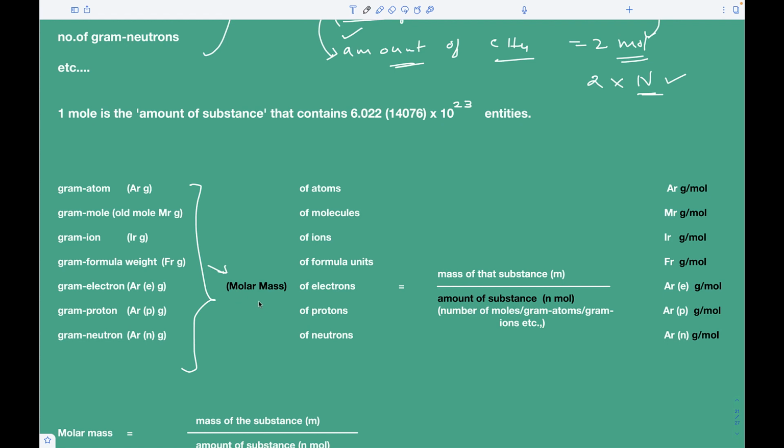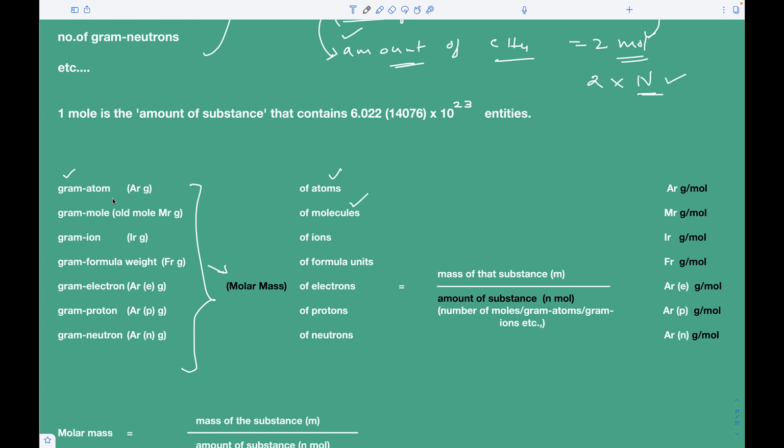Again, when you use this term molar mass, you must explicitly tell whether you are talking about atoms, molecules, or ions, etc. Because earlier we had different names for different kinds of particles. So by looking at the name, we can figure out the kind of particle that we are talking about.